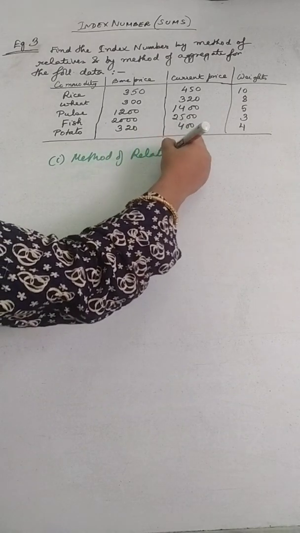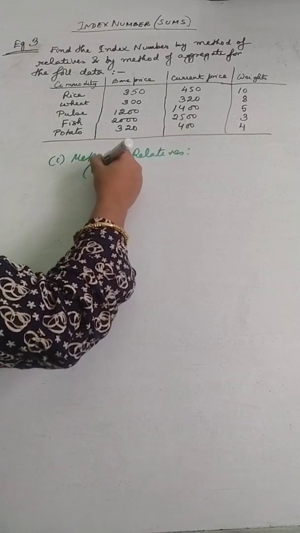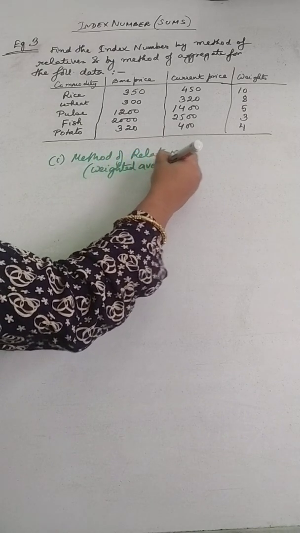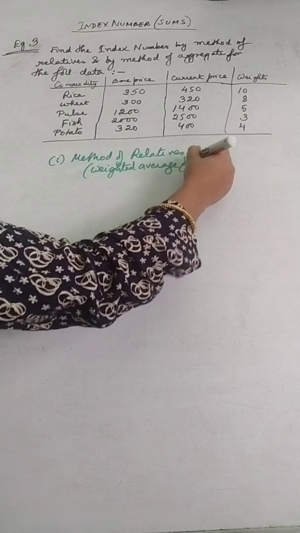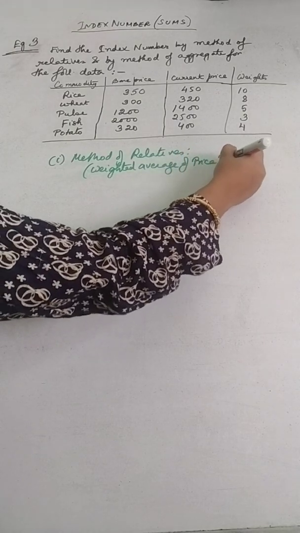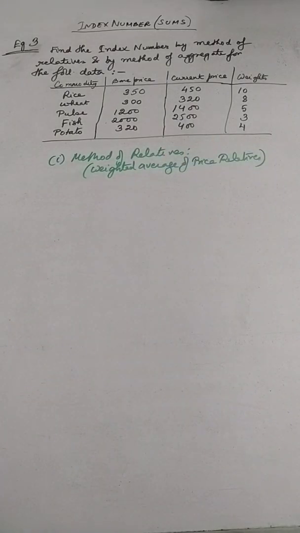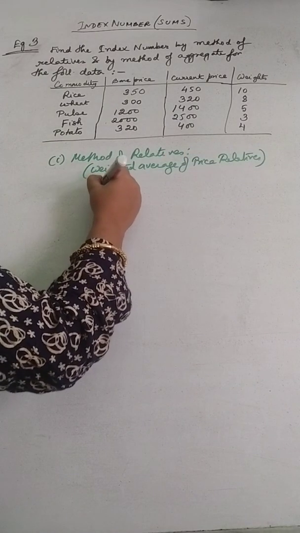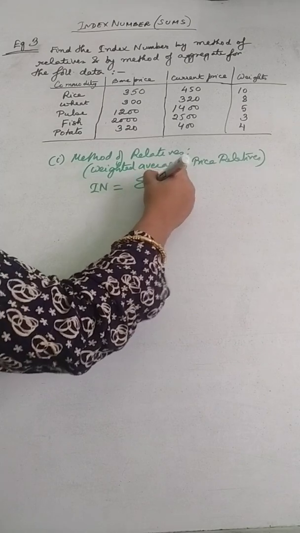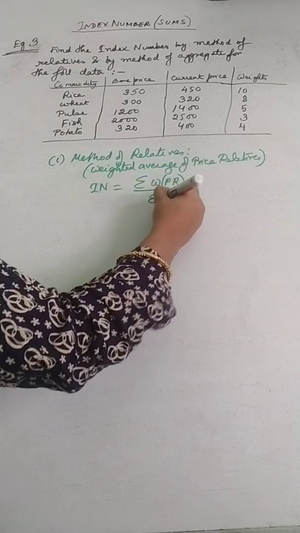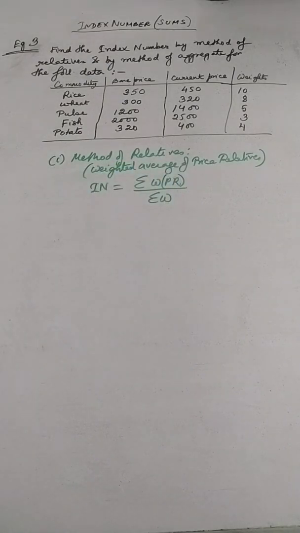You can say weighted average of price relatives. This is the method actually, and the index number is given by summation of W multiplied with the price relatives by summation of W. This is the formula.